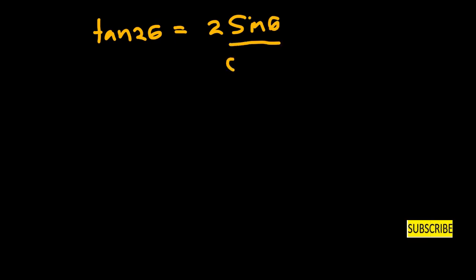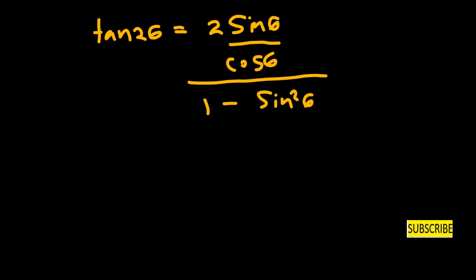Now we have tan 2 theta equals 2 sine theta divided by cos theta, and the above part is totally divided by 1 minus sine square theta over cos square theta.